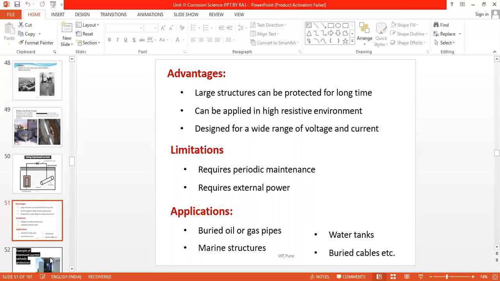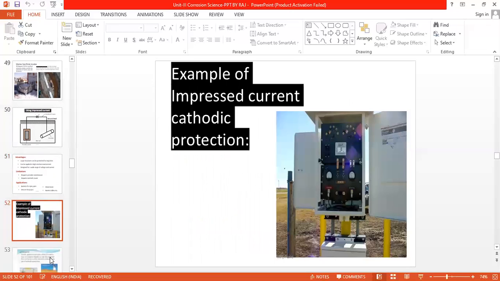It is not economical. The applications are, one, to protect buried oil or gas pipes, marine structures, water tanks, buried cables, etc. These are some of the examples where the impressed current is used to protect the desired metal from corrosion by using DC current.